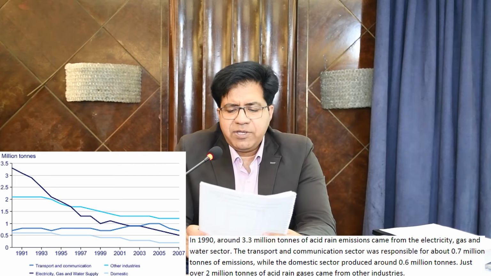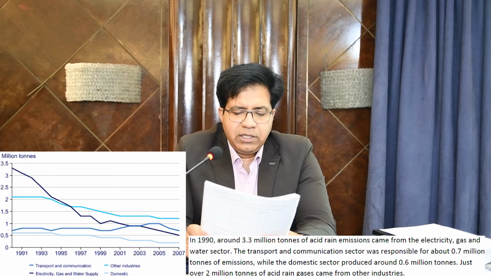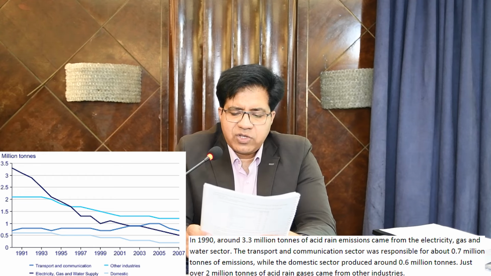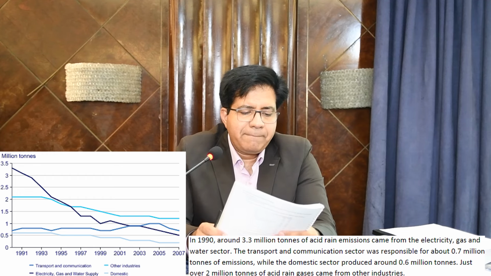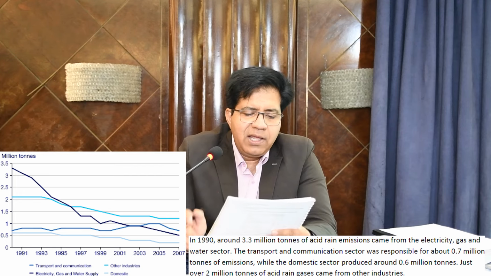Alright, tons of acid rain emission came from electricity, gas and water sector. The transport and communication sector was responsible for about 0.7 million. Now 0.7, where is 0.7? Above 0.5, we've got 0.7 tons of emission. And what is that? Transport and communication.